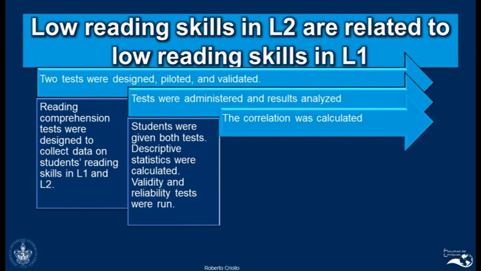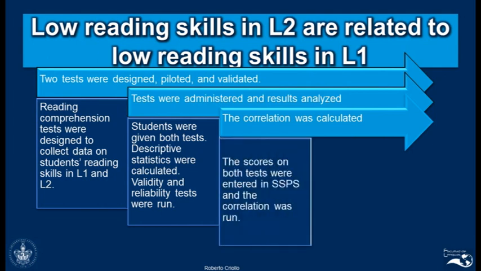Then, once we had the scores and all of the statistics, we ran a correlation between the 2 sets of scores. The scores were entered in SPSS and the correlation was run.